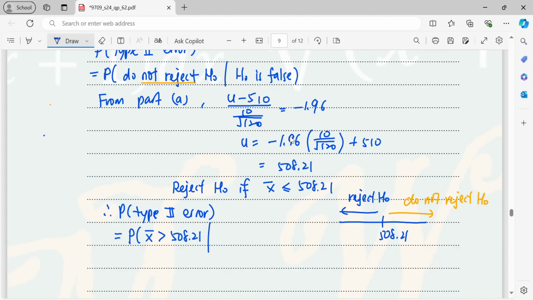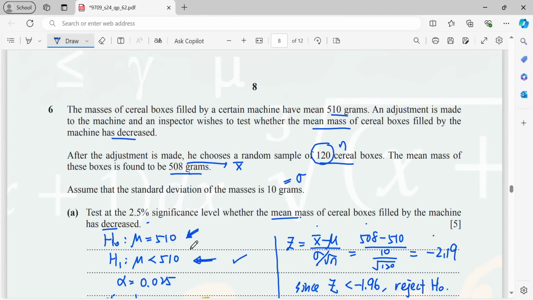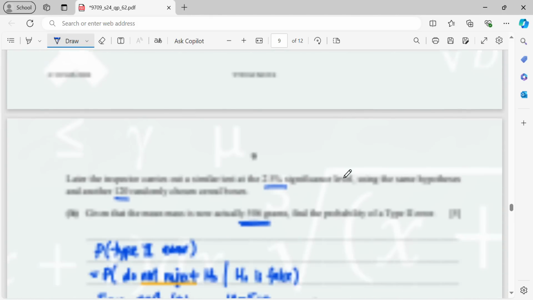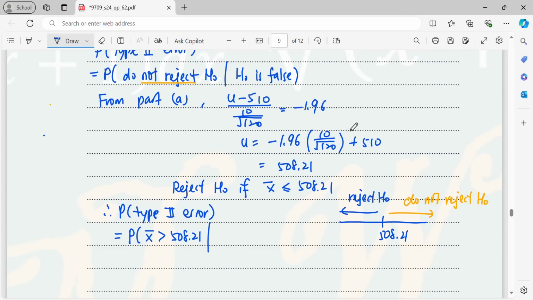So given that H naught is false, so when H naught, you go back to the previous H naught. H naught was 510. So now it's mentioned that this H naught is false, which means basically your mu is 506, right? So here I will write mu equals to 506. That's why you are given the actual mu.